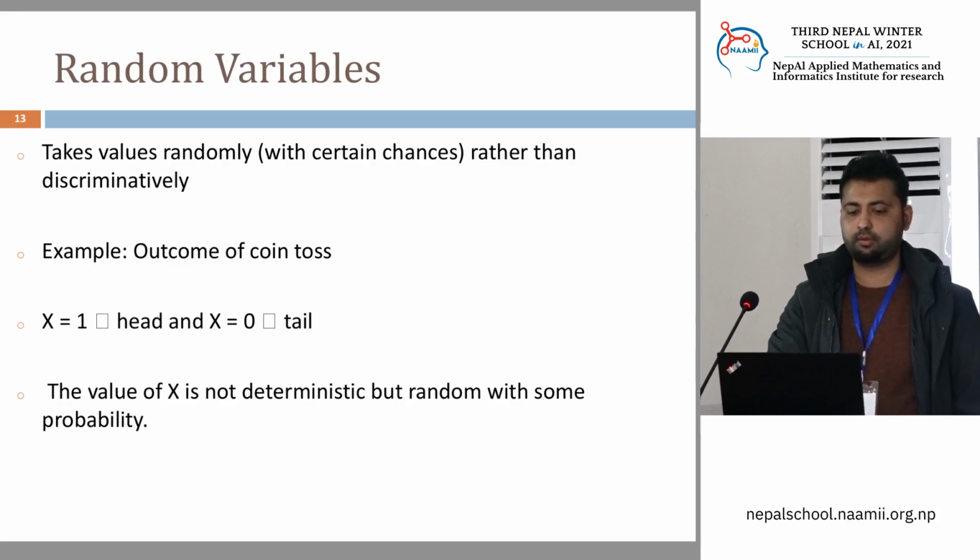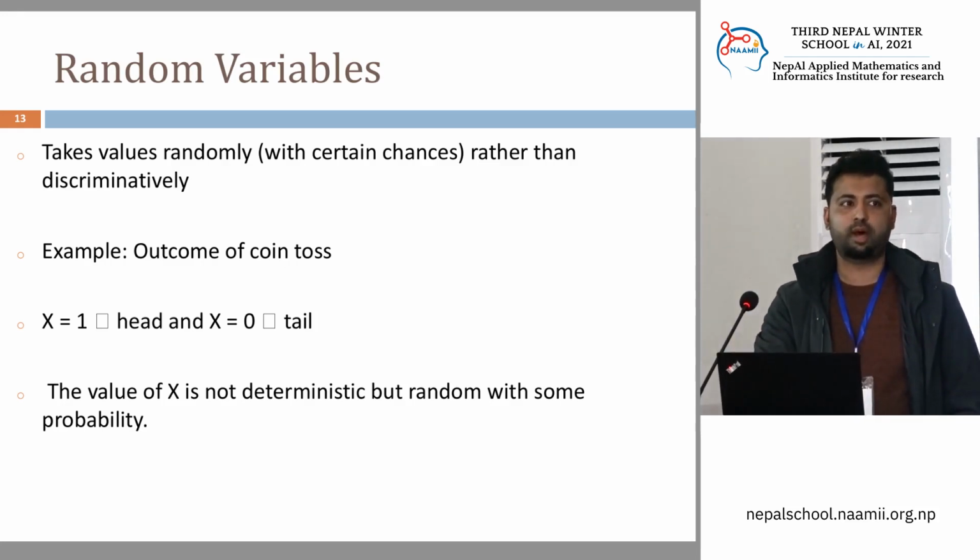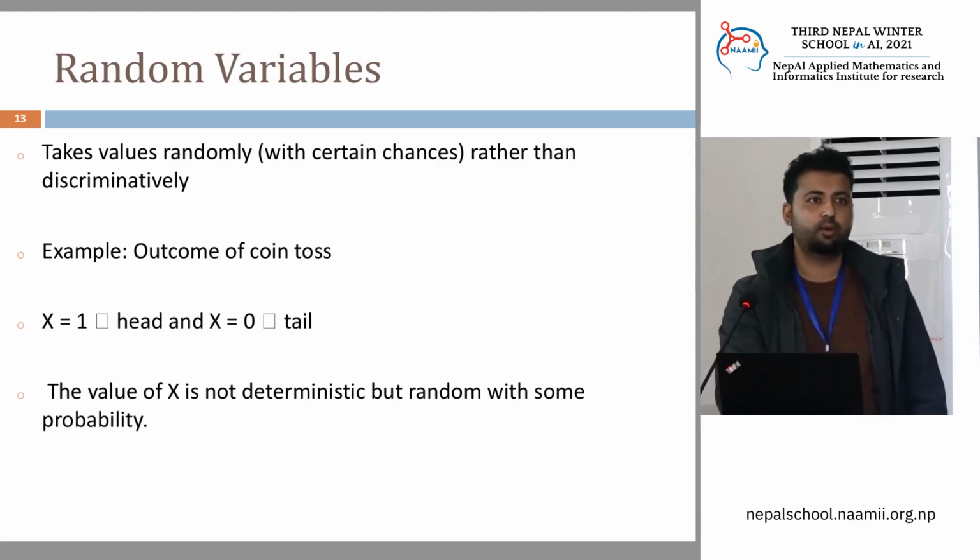You realize that there are two components to it. Even if we say that something is random, we say that it has certain events that happen with certain probability. So it's not completely random, it's not like we do not have any information about what will happen. We have information.